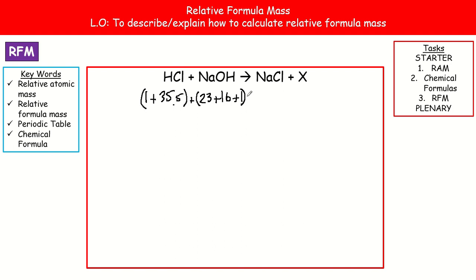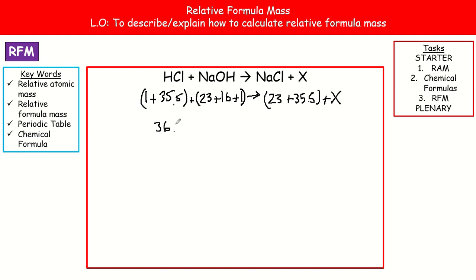So this is what we're going to start off with on our reactants. So we then do the same thing for the chemicals we've got on the right. So sodium is 23, and we've got our chlorine, which is 35.5, but we've also got our unknown X. So what we then do, work out the bits in the brackets again.